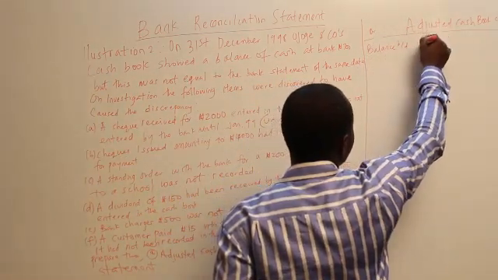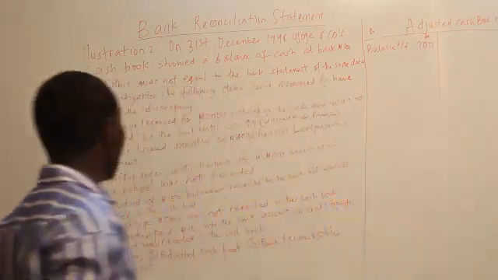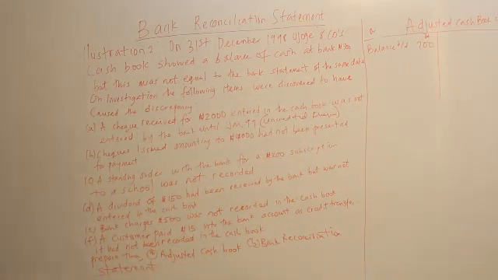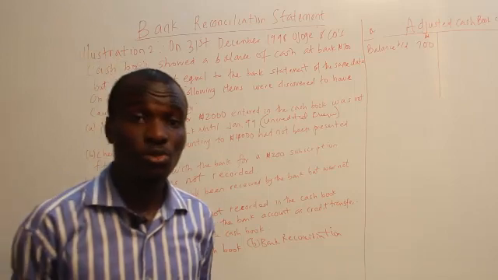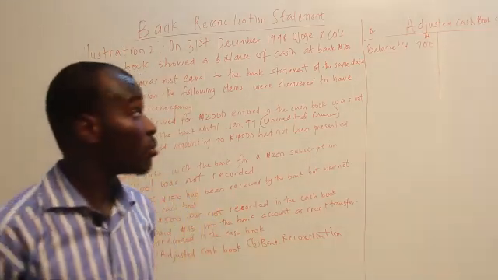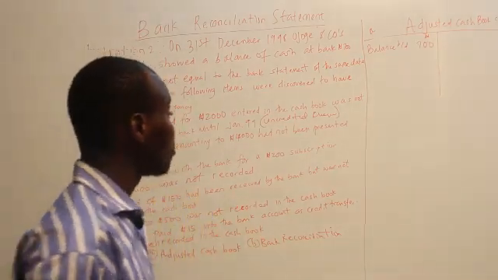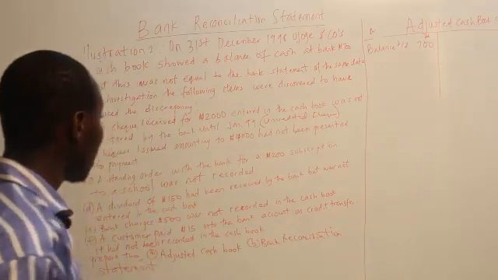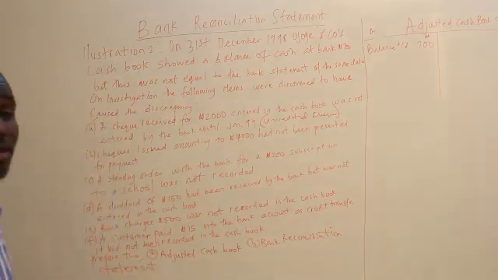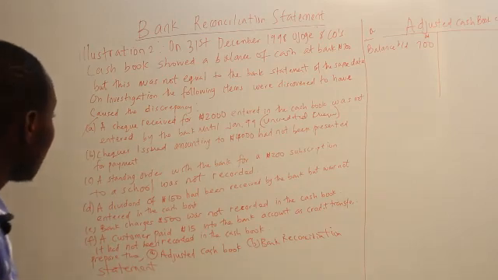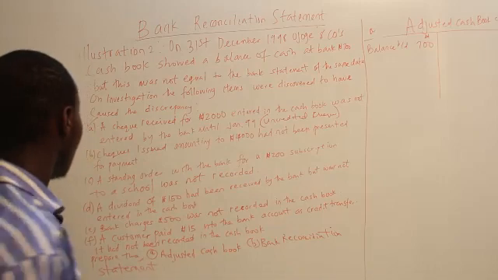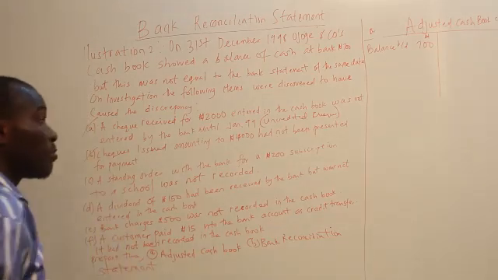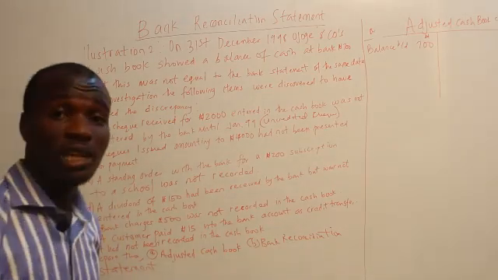The check received for 2,000 naira, which is the uncredited check, should not appear in the adjusted cash book, because such an item has already been reflected in the cash book. It should not be recorded again. We also have the check issued amounting to 4,000 naira not yet presented for payment, the unpresented check, which also should not be reflected in the adjusted cash book.